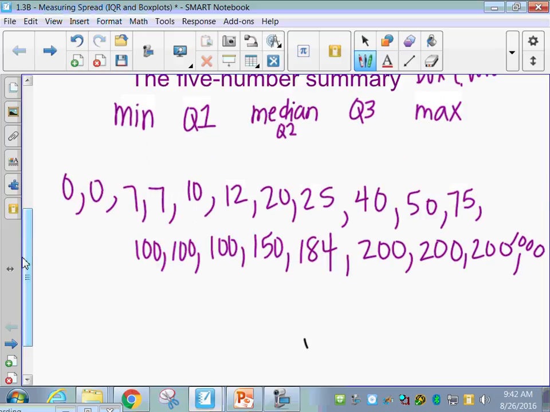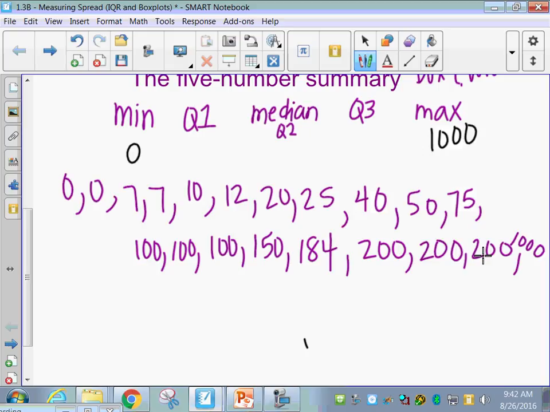So let's start with our min and our max, because those are going to be the easiest, right? What is our min? Good. What is our max? 1,000. Okay. The next one you want to find is the median. That's got to go before Q1 and Q3. So how many data points do we have here? 20.